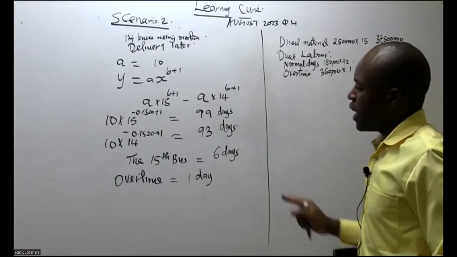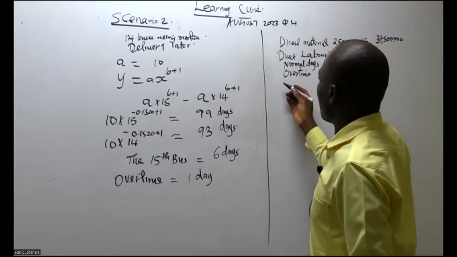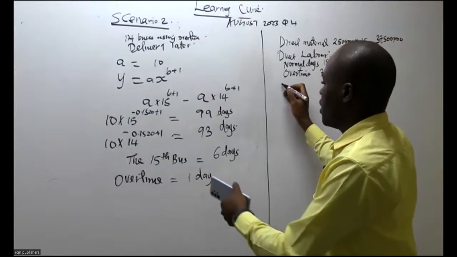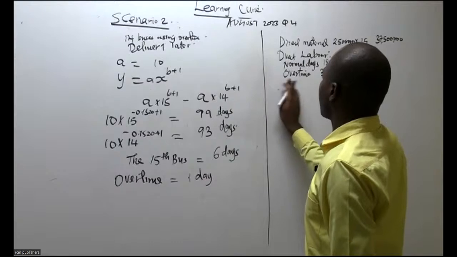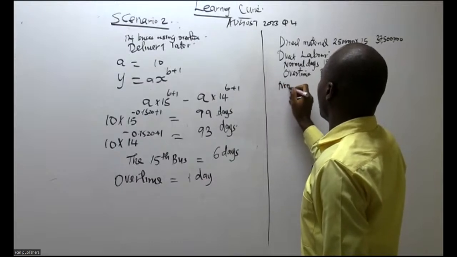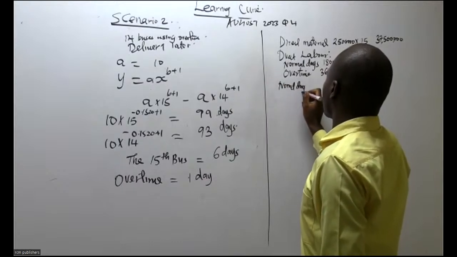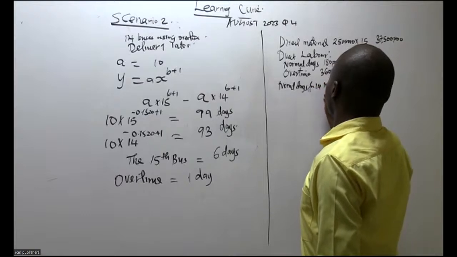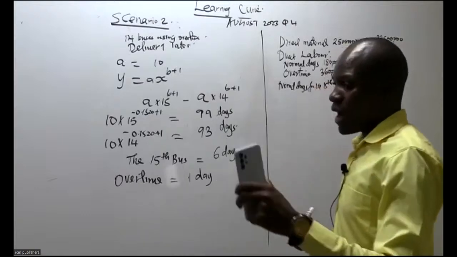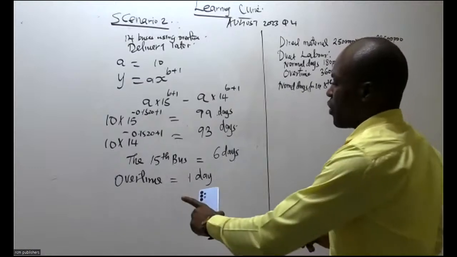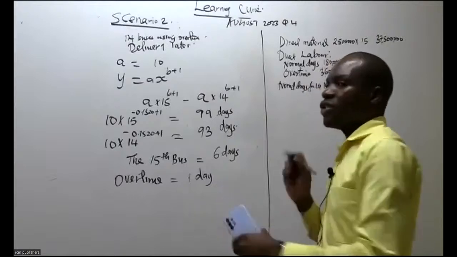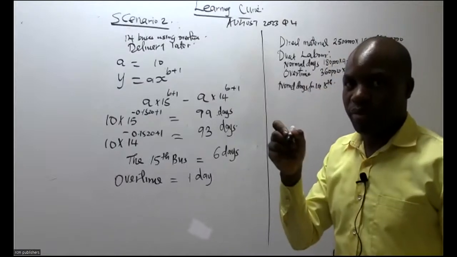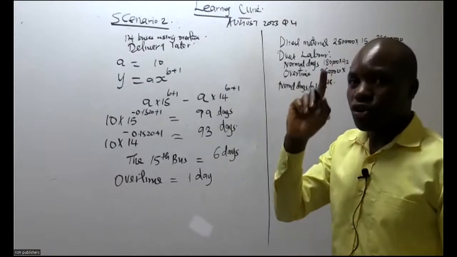Now, we need to get the time taken for producing the last, or the 15th, bus. Direct labor for normal days for the 15th bus, you are going to take how many days? 6. These 6 days is not overtime.